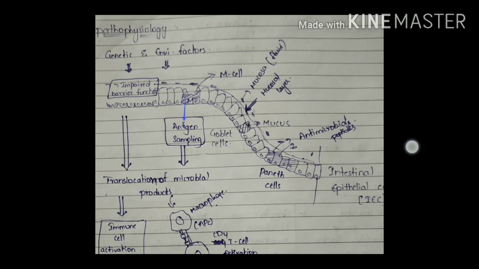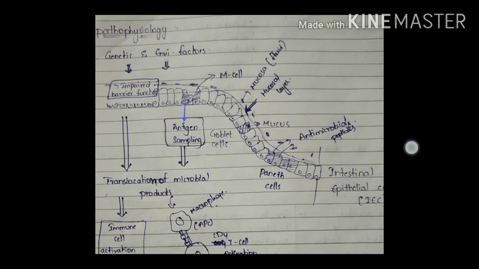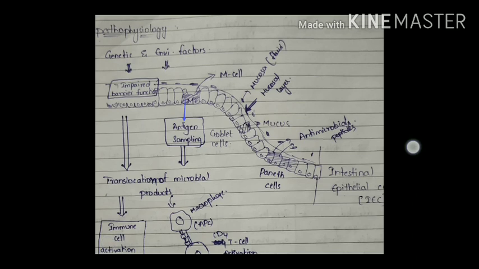the antigen. Here we can see these M cells involved in antigen sampling in the lumen, and then there is a translocation of the microbial products or microbial peptides, which activates the immune cells. It also activates the macrophage, that is the antigen presenting cell.